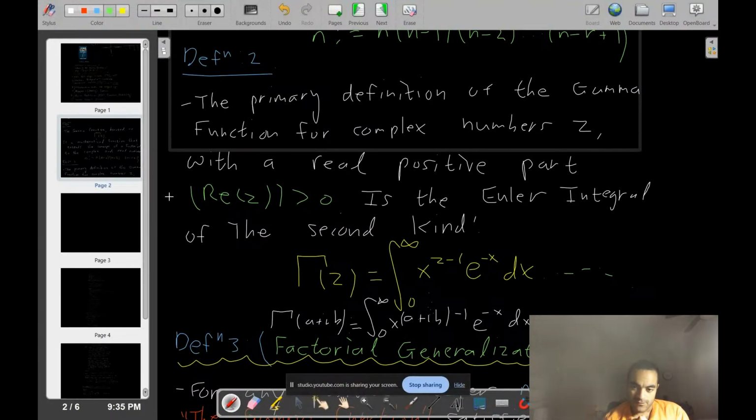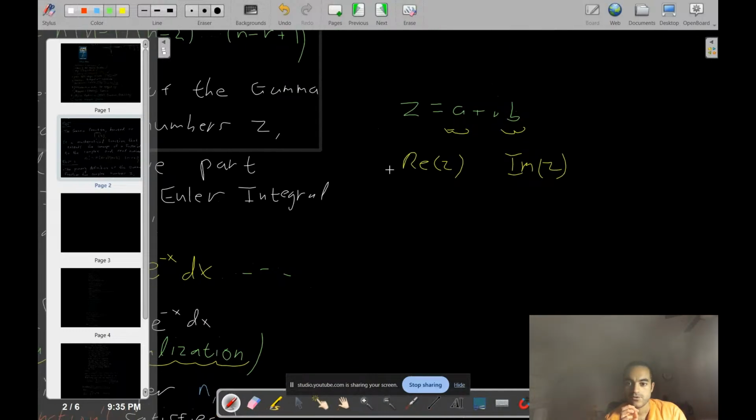So the primary definition of the gamma function is for a complex number z with a real and positive part, where the real part of z has to be strictly greater than 0. Complex numbers have real and imaginary parts. A complex number z is always written as a plus ib. a is the real part, just a regular number, from minus infinity to infinity on the real numbers.